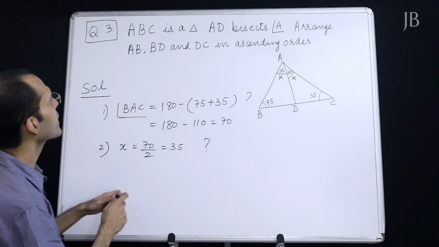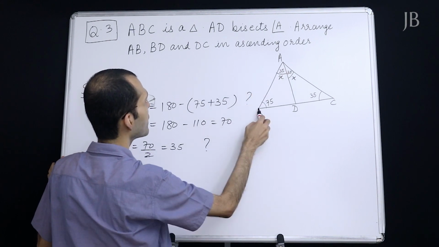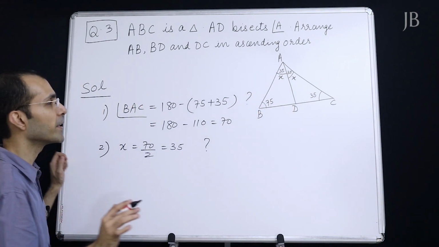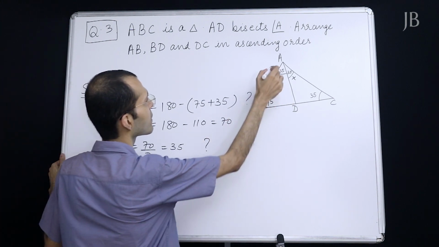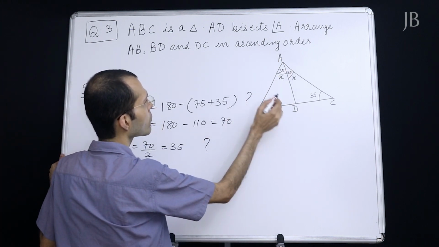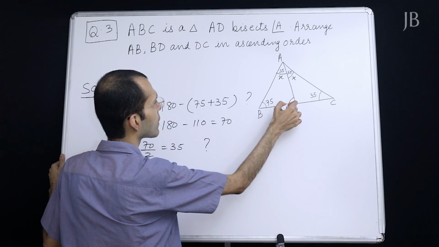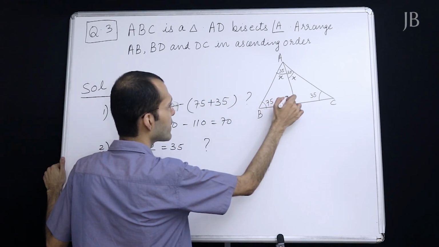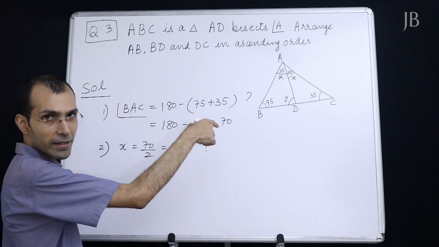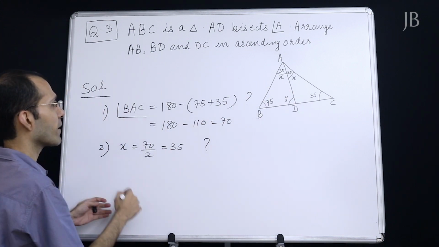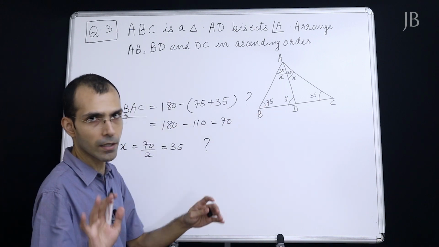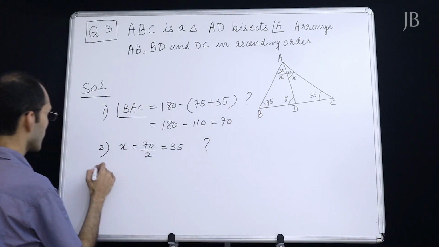So anyway, now here they are talking about AB and BD, right? So let's first compare AB and BD. Which is greater? AB is opposite to this angle. This angle we do not know. Let's find it out. We call this Y. Mark it in the diagram. If you write only Y here and you have kept it in mind but not shown it in the diagram, that's a serious offense.